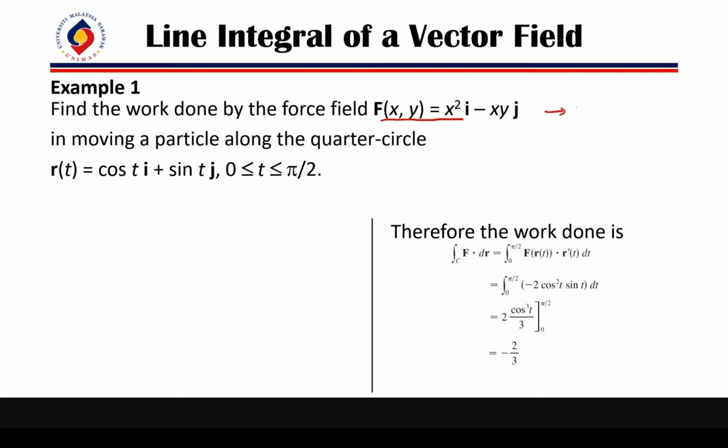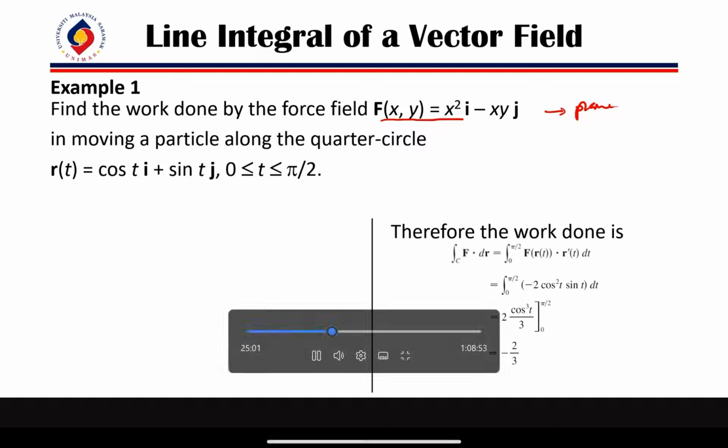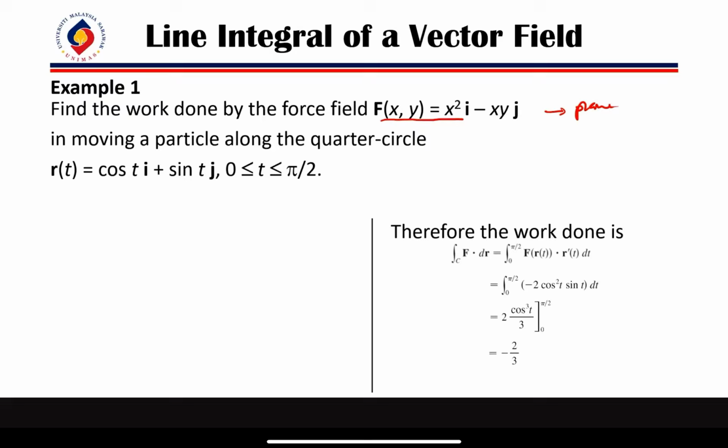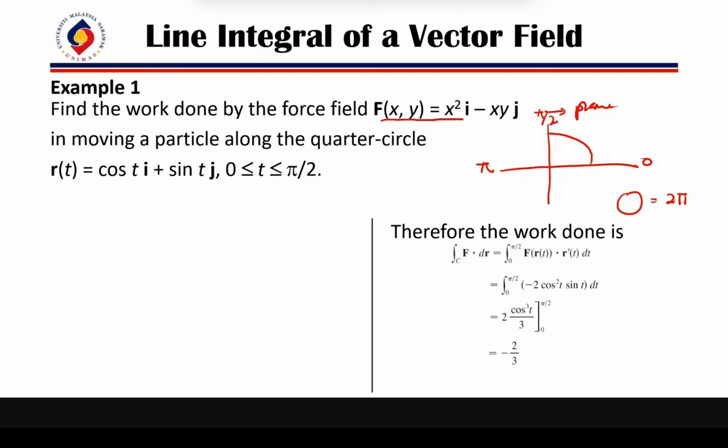This force is in a plane because it only involves the x and y directions. It moves a particle along the quarter circle. We know one whole circle is 2 pi, so the quarter circle is from 0 to pi over 2.